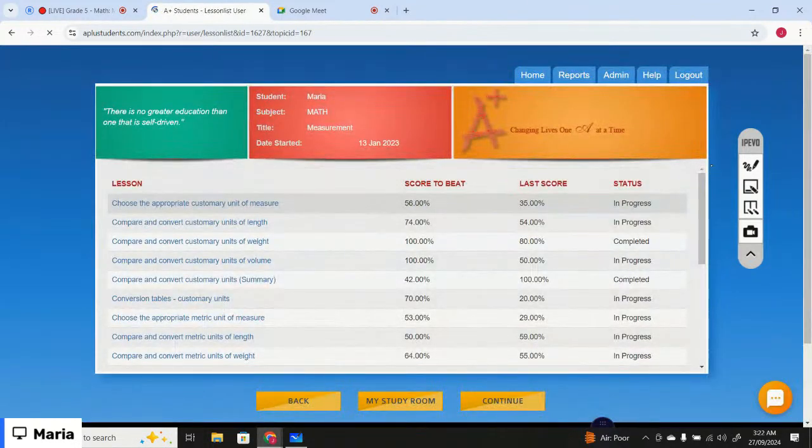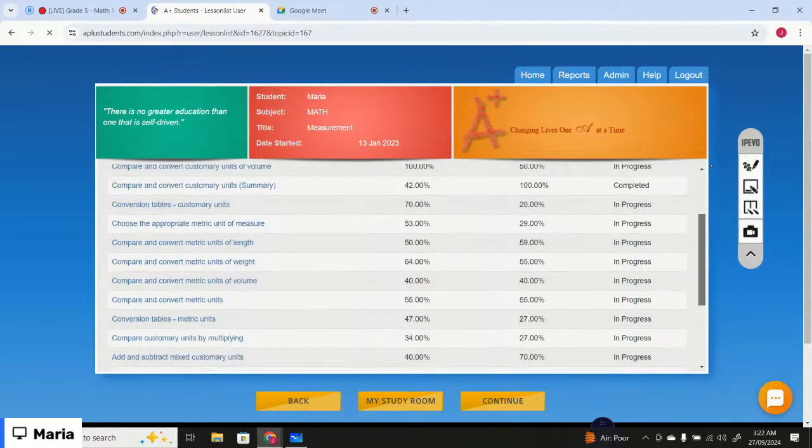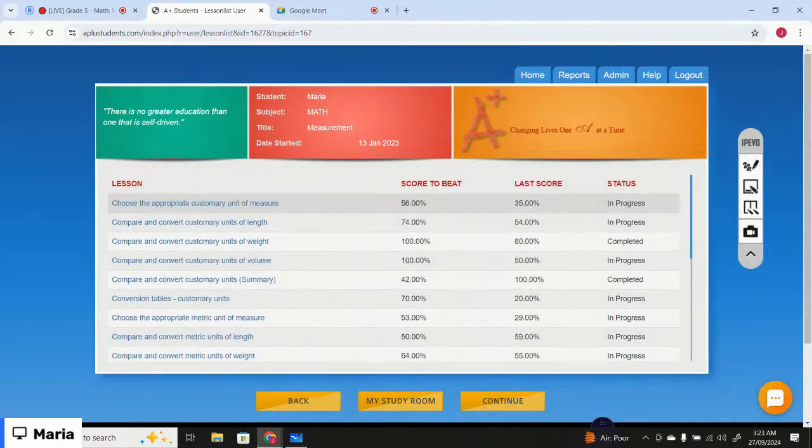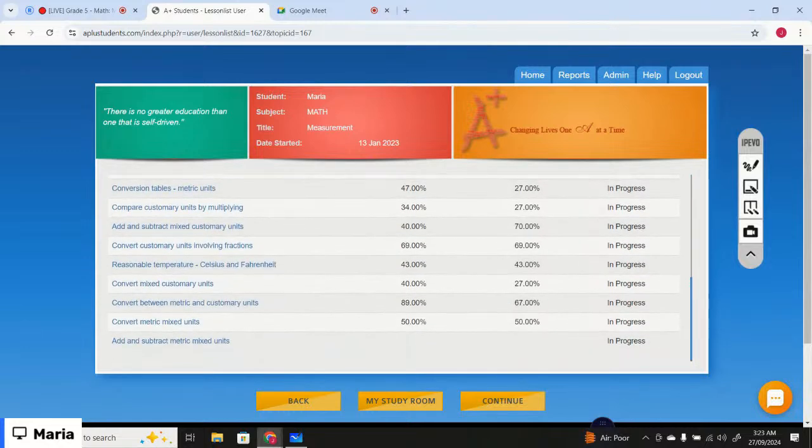Okay, the next lesson is convert between metric and customary units.